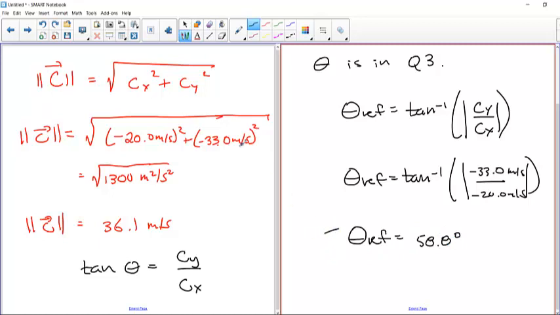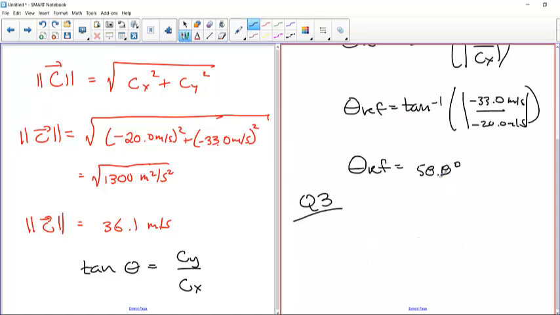But if you remember back from pre-calculus, especially if you had me, we talked about reference angle a lot. So what we have is we need the third quadrant solution here, not the first quadrant solution. And that's what would happen if I just took the inverse tangent without the absolute value sign. It would give me 58.8 degrees, which is the first quadrant solution. But the third quadrant solution says that the angle is equal to 180 plus the reference angle.